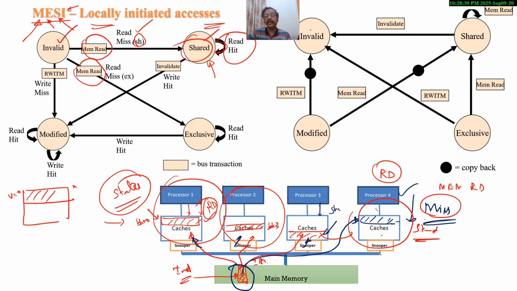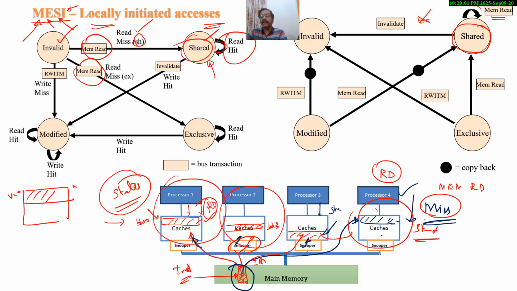Now what happens to the remote access? Now this is the transition shown for remote activities happening. Now all these caches through the snooper will come to know that some other processor is accessing it for a read purpose. Memory read is performed on the block which I am having in shared state.